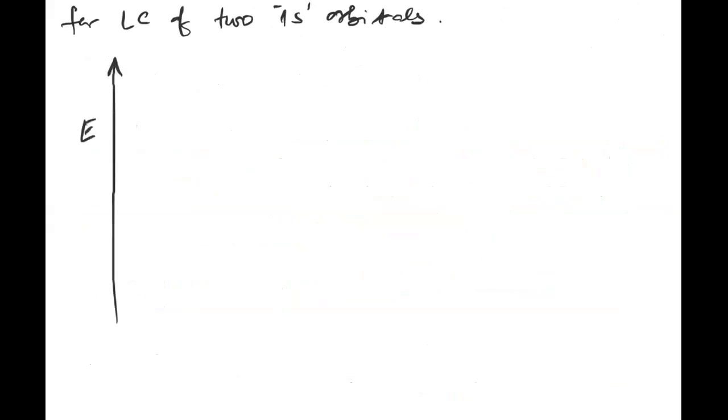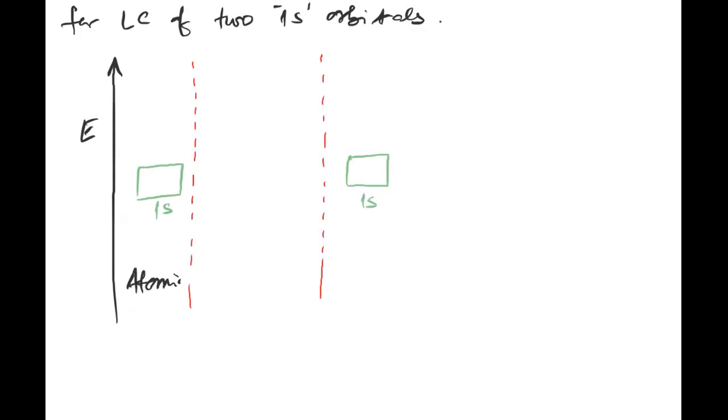This box may represent a 1s orbital, and here another atomic orbital, and somewhere in the middle is the molecular orbital.